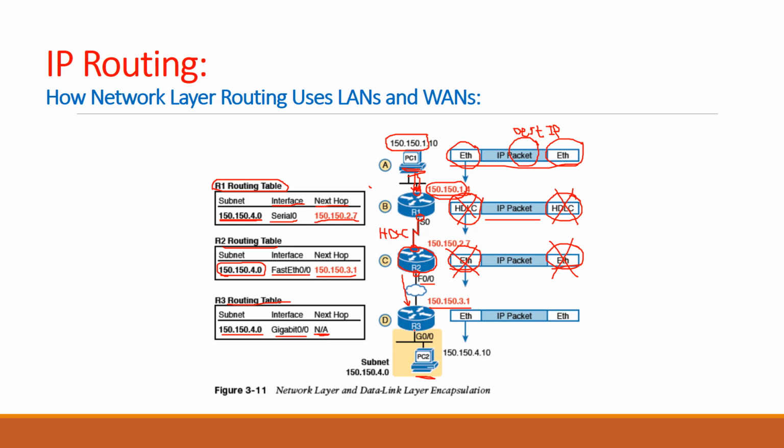So R3 will de-encapsulate and re-encapsulate a new Ethernet header and trailer and send out of Gig 0/0 destined to PC2, and PC2 receives the IP packet, or the frame, successfully. This is how the network layer uses LANs and WANs.